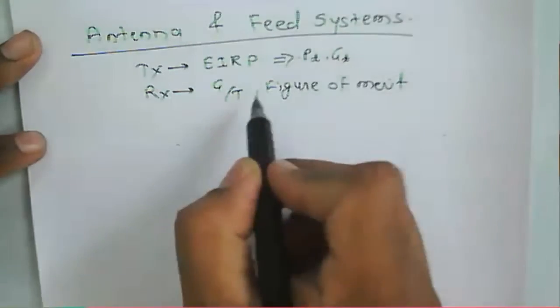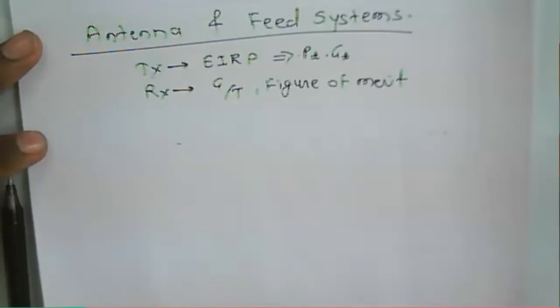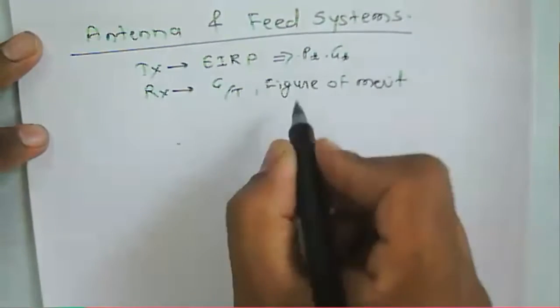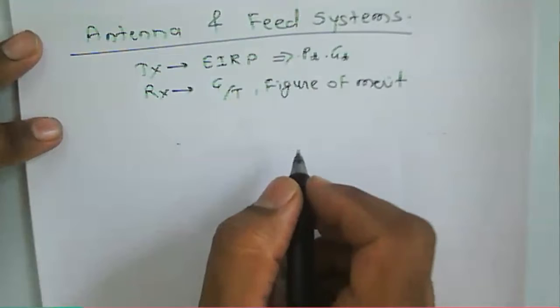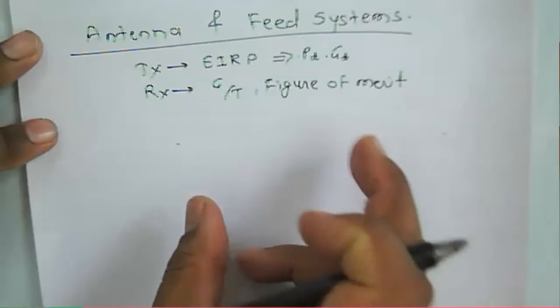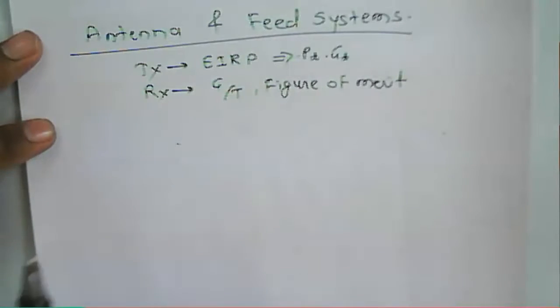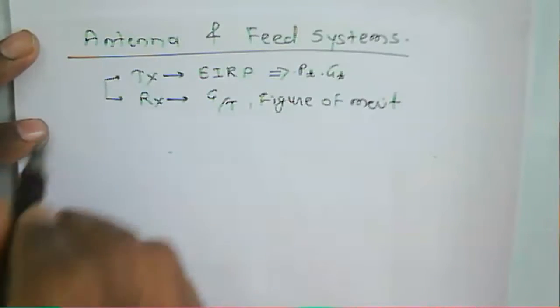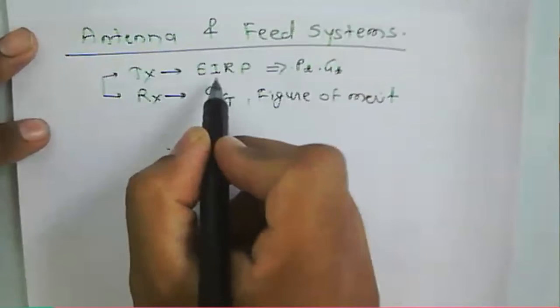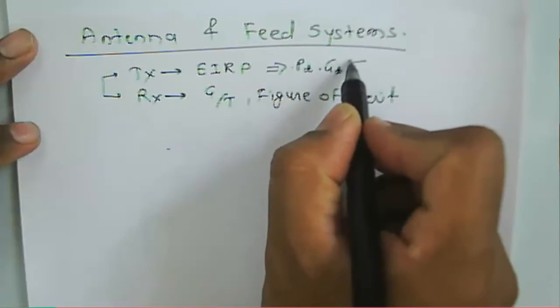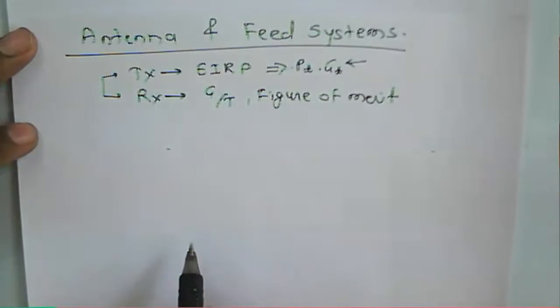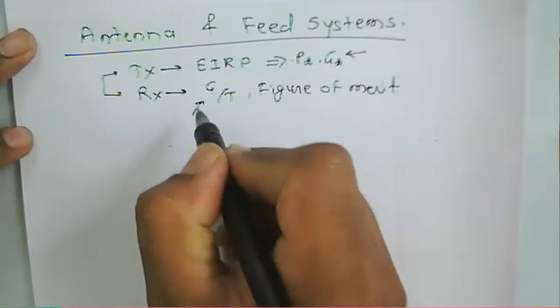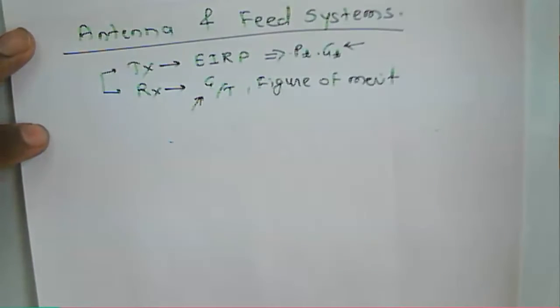That is nothing but the G/T ratio, the gain to noise temperature ratio, or figure of merit, which relates to the noise at the receiving side. So the antenna plays an important role for both the transmitting and receiving systems. For transmitting, we need to know the gain on the transmitting side. Again, at the receiver, we should know the gain at the receiving side.